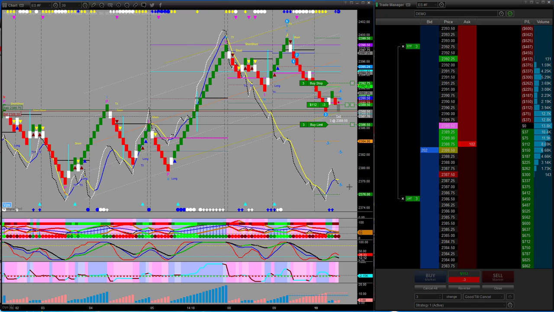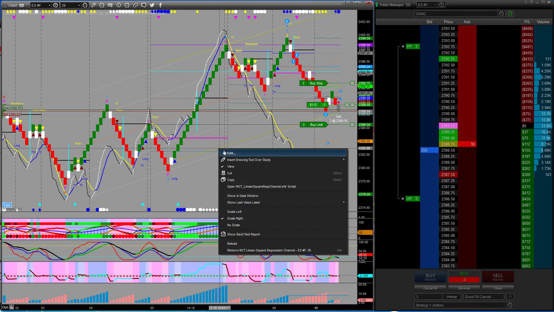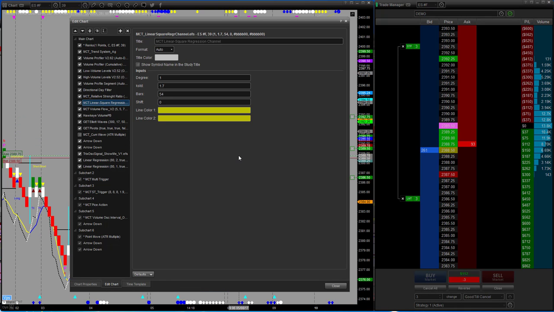Our trade is moving in the right direction slowly, $112 up at the moment. This yellowish line is also a standard regression channel. It's actually a linear square regression channel. 54 bars calculation, and the standard deviation 1.7 with 1 degree, and there's no shift in it.